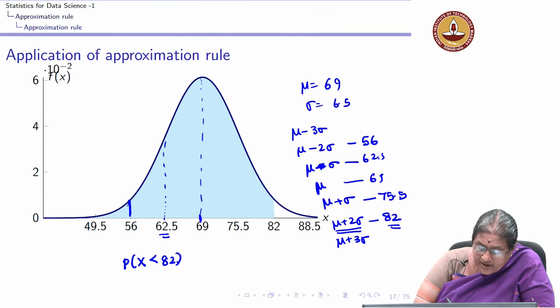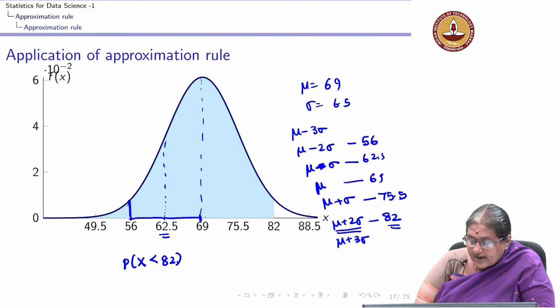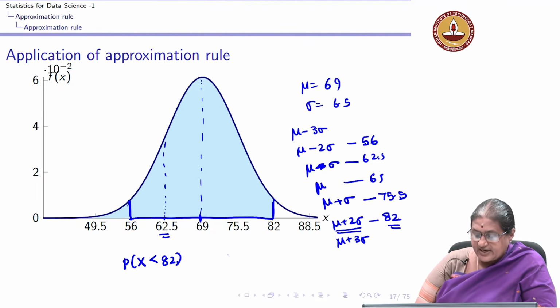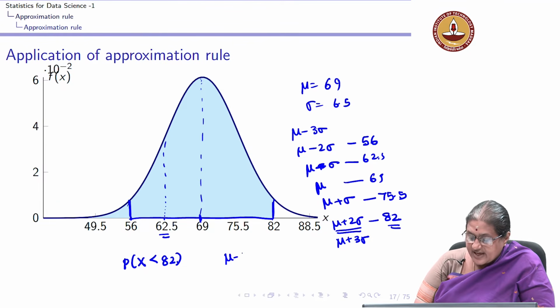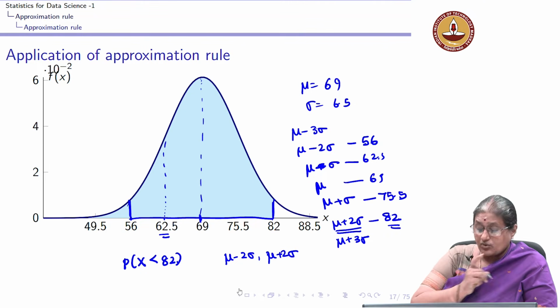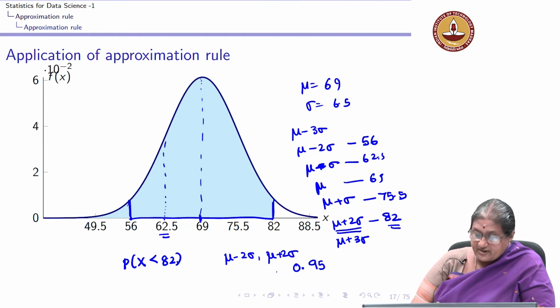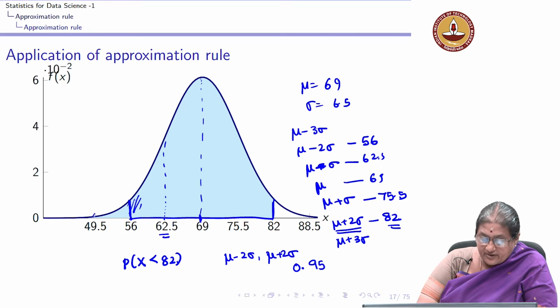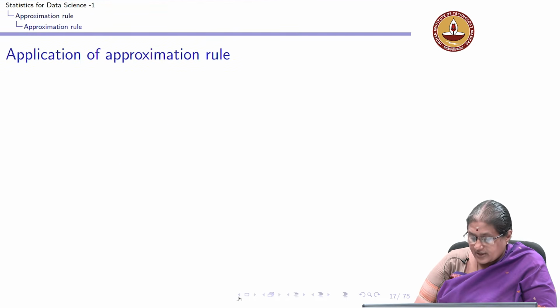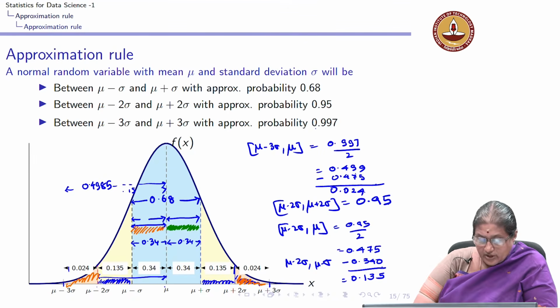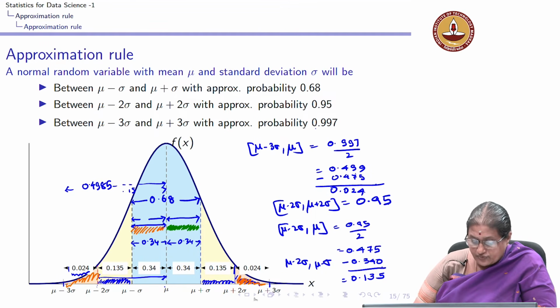Now, the approximation rule tells me that the area between 56 and 82, which is the area between mu minus 2 sigma to mu plus 2 sigma, is 0.95. The area to the right of mu plus 2 sigma is, from the approximation rule, 0.024 or 0.025.